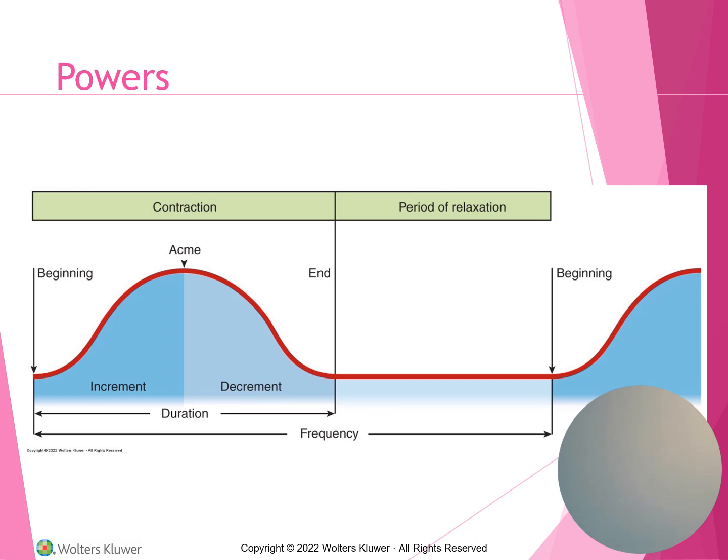The primary powers of labor are going to come from involuntary uterine contractions, which serve to help efface and dilate the cervix. Technically, the uterus could deliver the fetus without mom providing any pushing. Maternal pushing efforts will supply a secondary power during the second stage of labor.